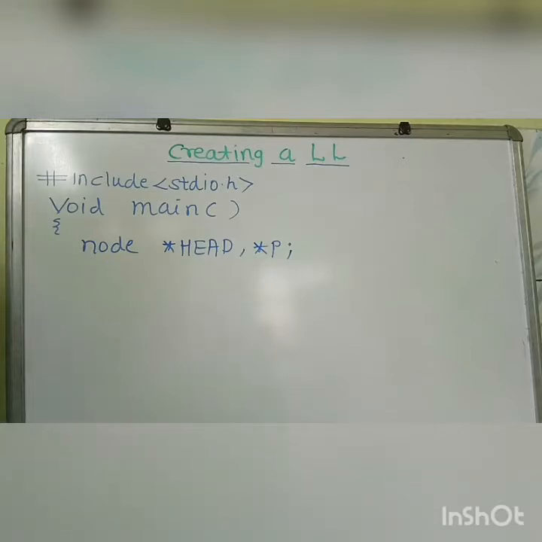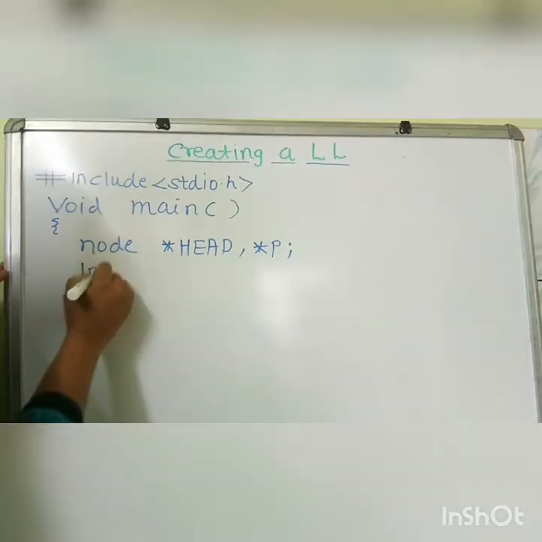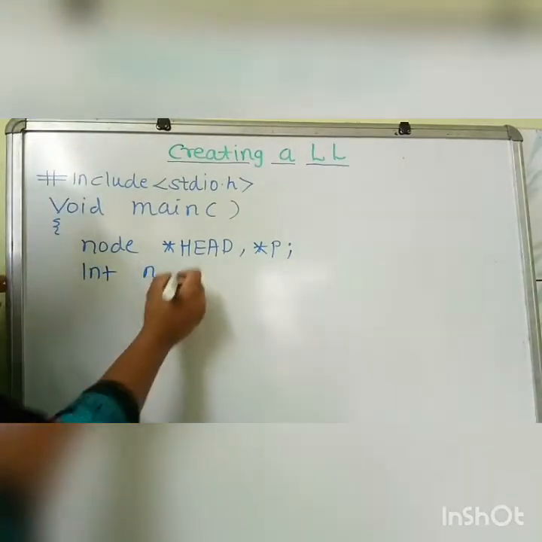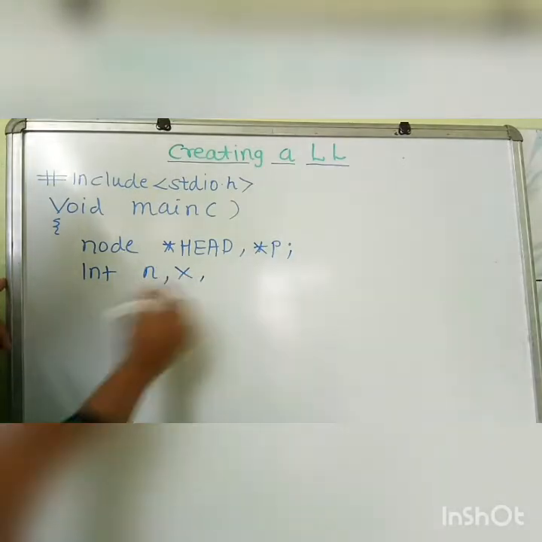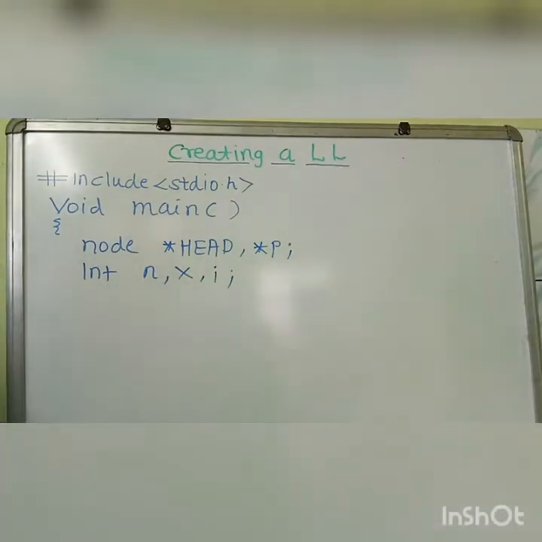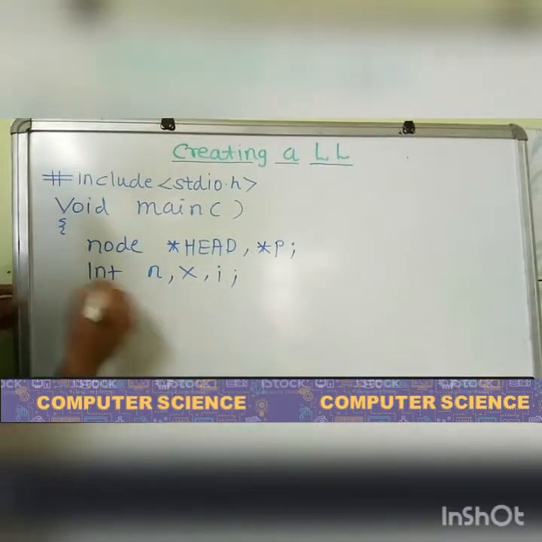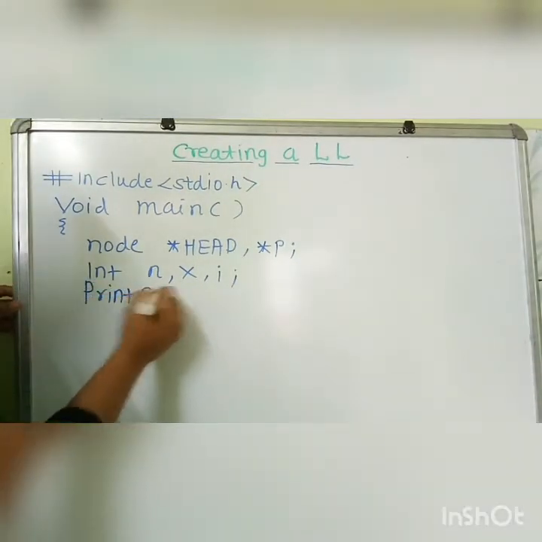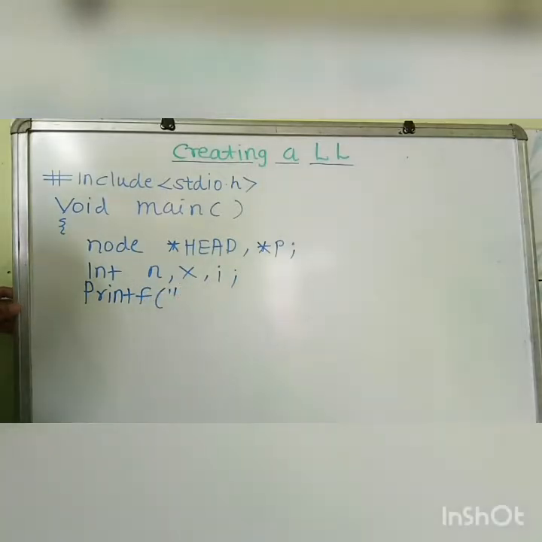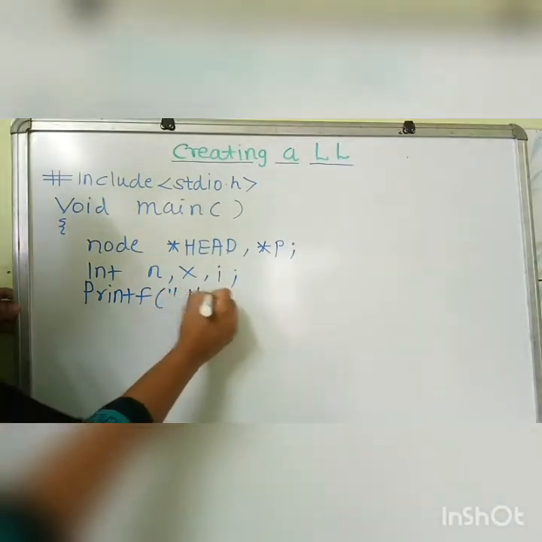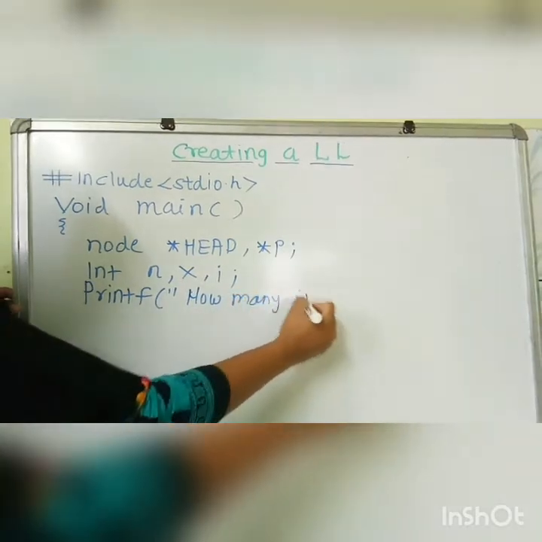Then we have to create the linked list, so we have to ask the user for how many data items the list has to be created. For that we take n. For accepting data items we take x, and i is the variable used to handle the for loop. Next, we give the message like 'how many items'.